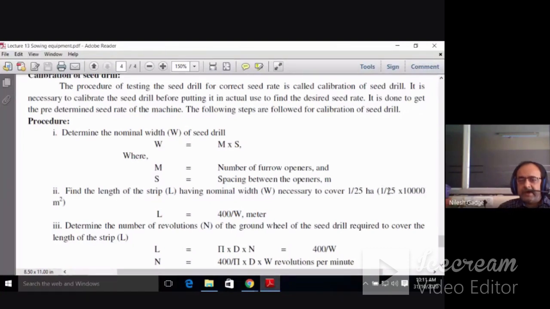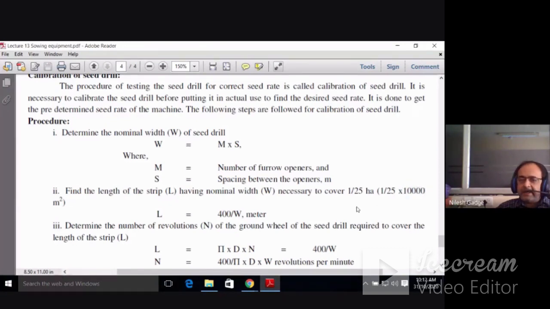It should be divided by 25, or multiplied by 1 upon 25, that is 1/25th of 1 hectare. So in square meters, it will be 400. See this properly: when 10,000 is divided by 25, 10,000 means 10,000 square meters, which is 1 hectare.